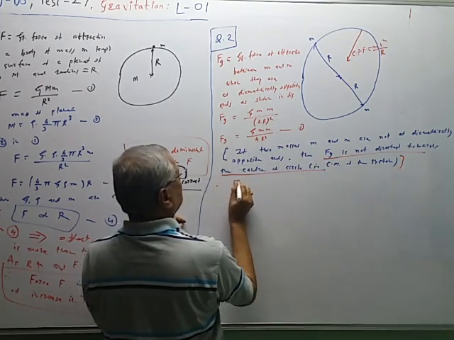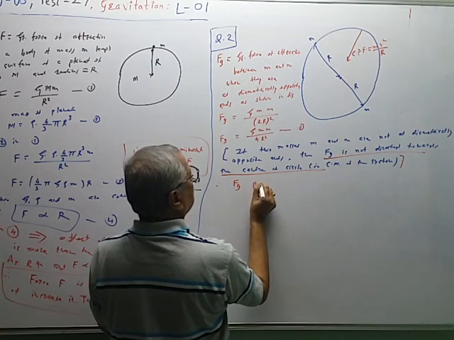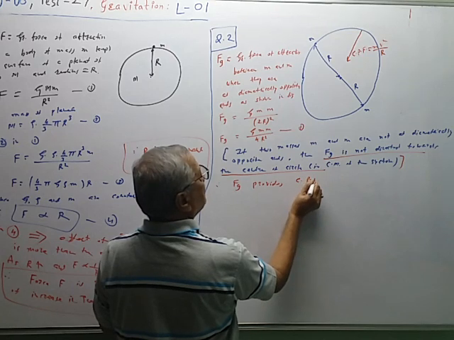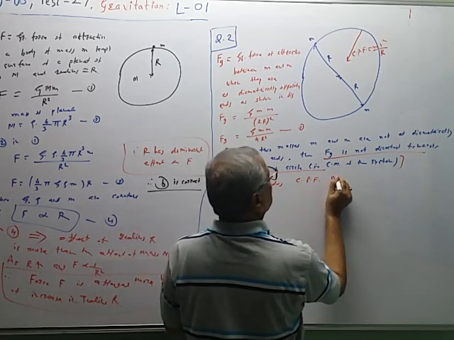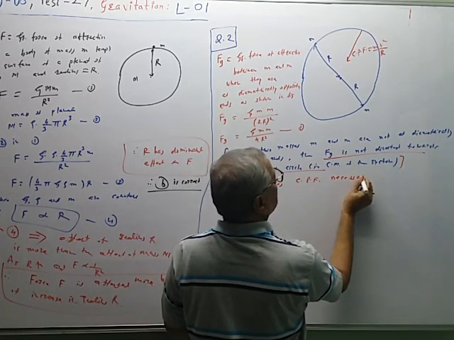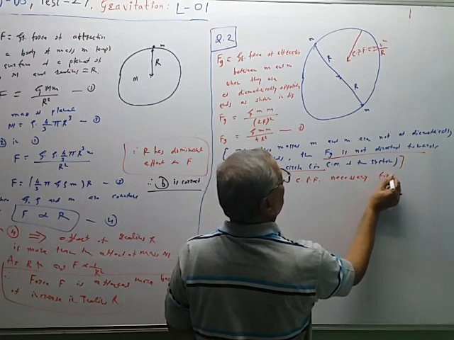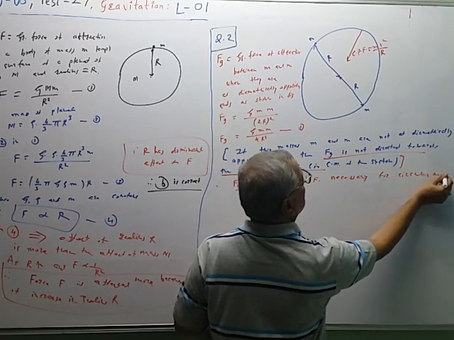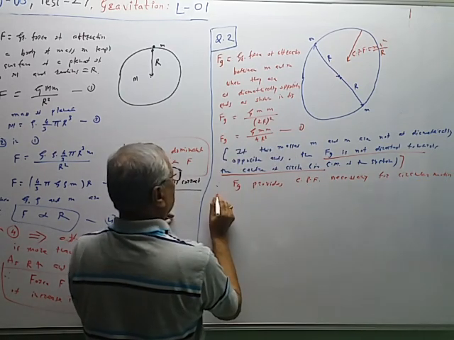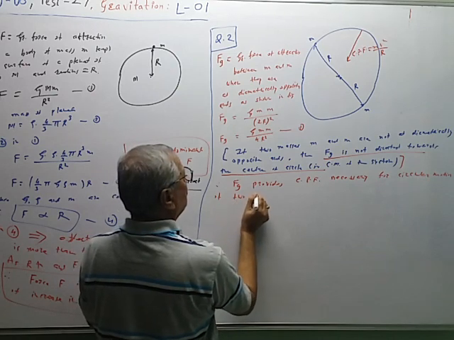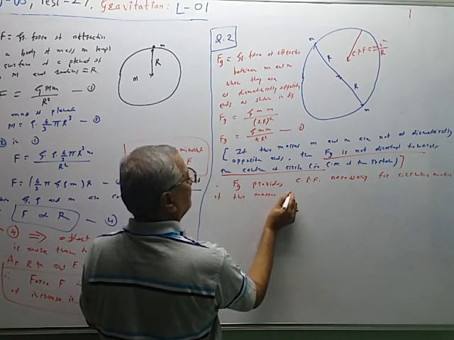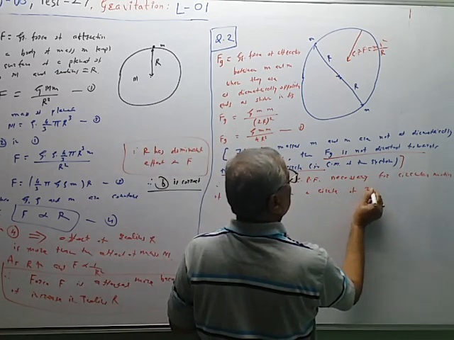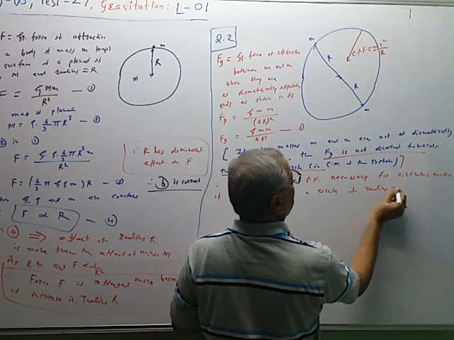Therefore, FG provides the centripetal force necessary for circular motion of the two masses on a circle of radius equal to r.